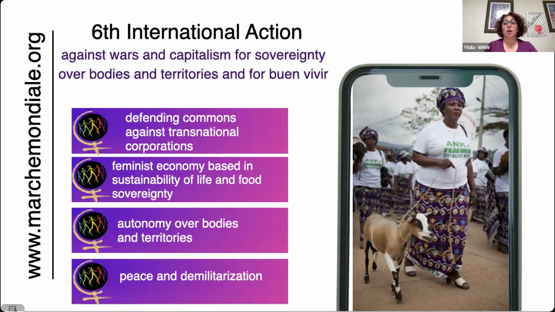So these are the four important action areas, and we organize ourselves around these topics, and we also discuss them. So that's why it is important to build our global agenda.